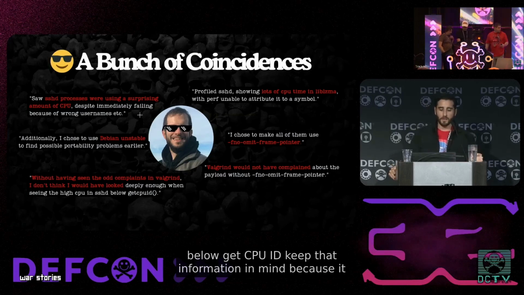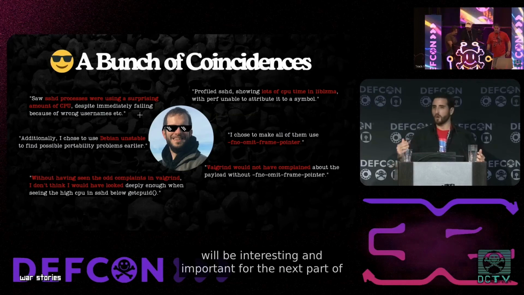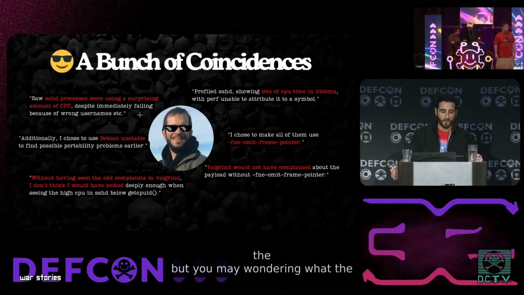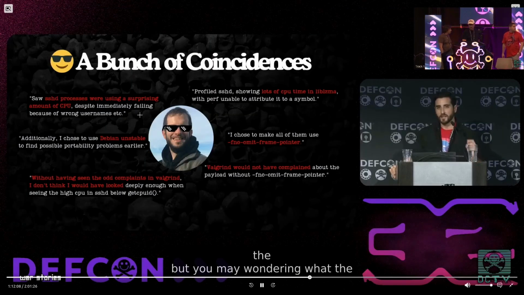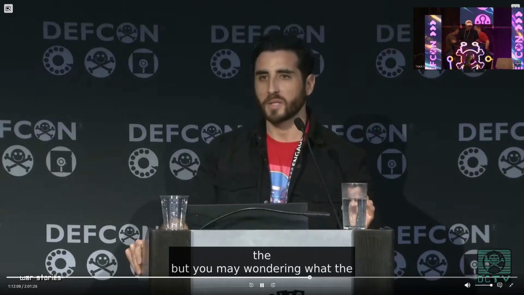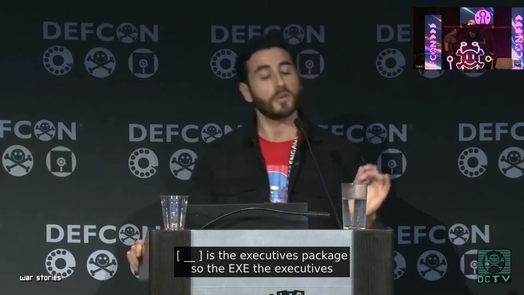That's super crazy, because thanks to that, he was able to investigate and find that the high CPU usage in the SSHD processes was below get CPU ID. Keep that information in mind, because it will be important for the next part of the presentation.